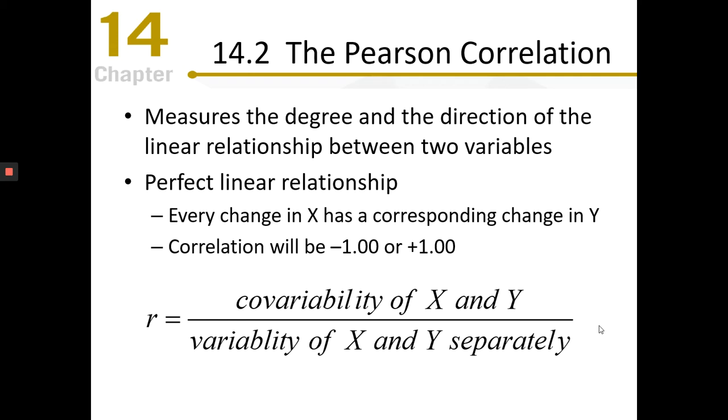So the dance, the going hand in hand, changing together between beer sales and temperature, if that is stronger than just how they walk apart separately and vary separately, then we have evidence that there's a relationship.